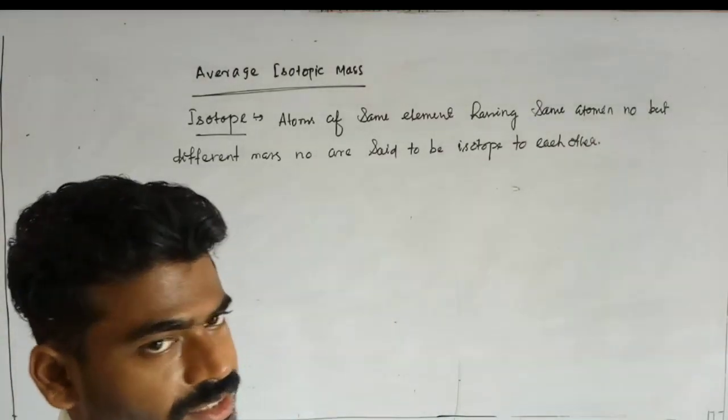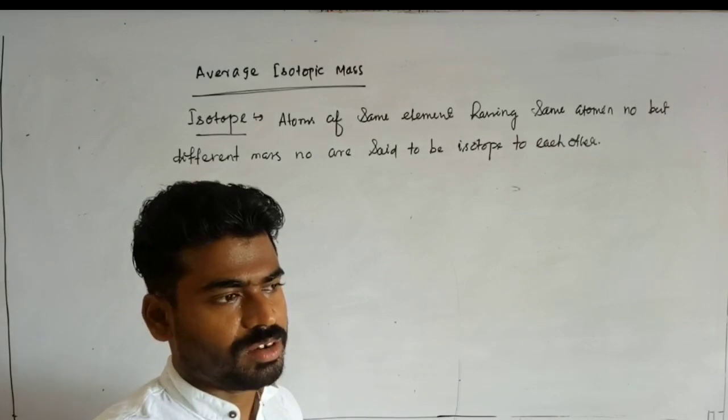You know, hydrogen exists in three isotopic forms: hydrogen, deuterium, tritium.